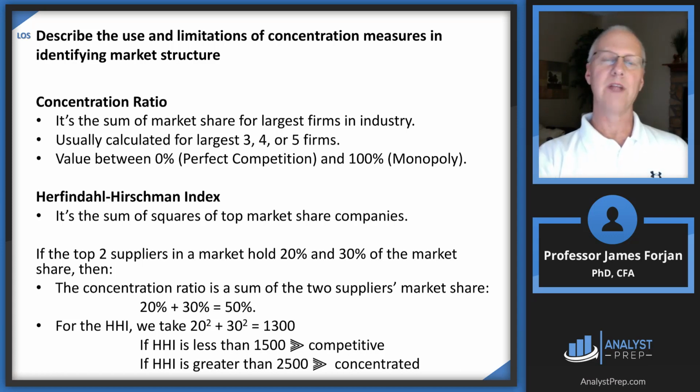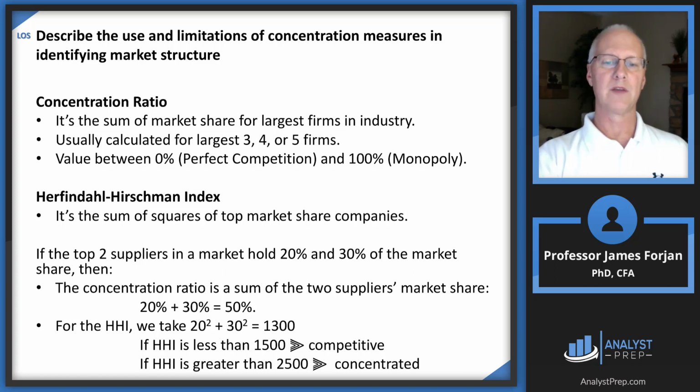But since the HHI is a squared number, it adds a little bit more value to our understanding of concentration. In this case, we're just going to take the 20% squared and the 30% squared, and that gets us up to 1,300. This is a standard measure, a standard way of determining concentration levels.